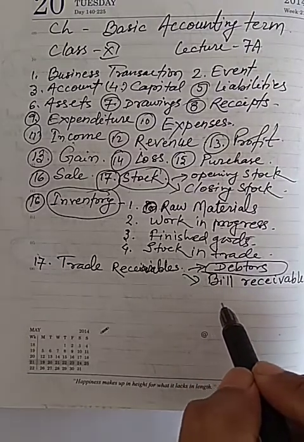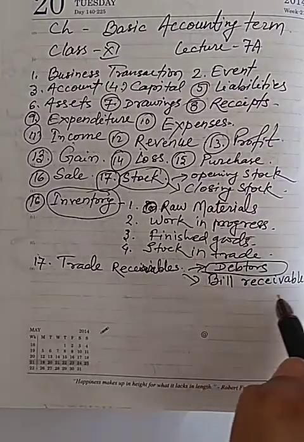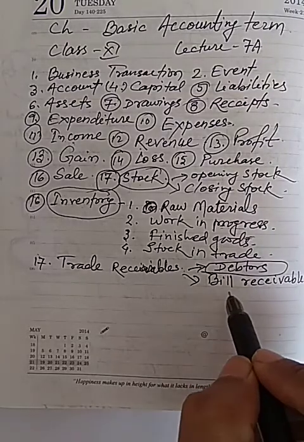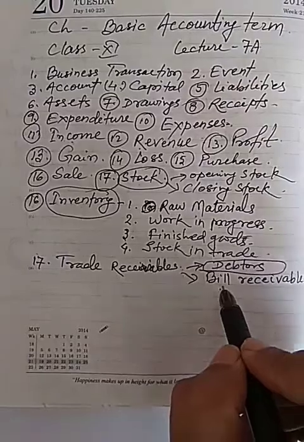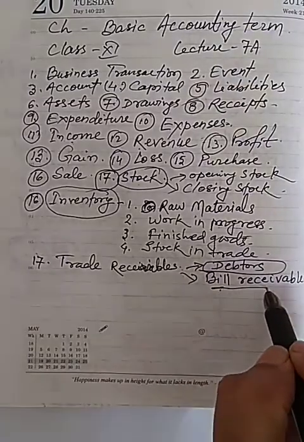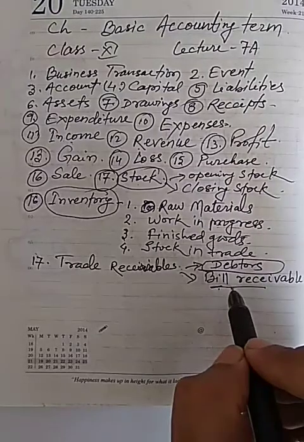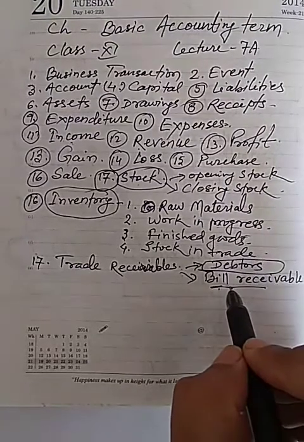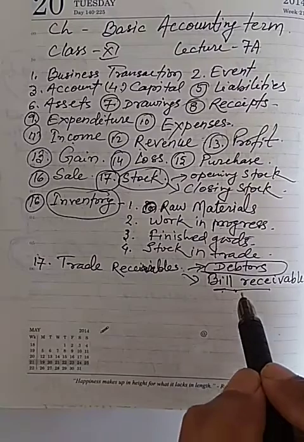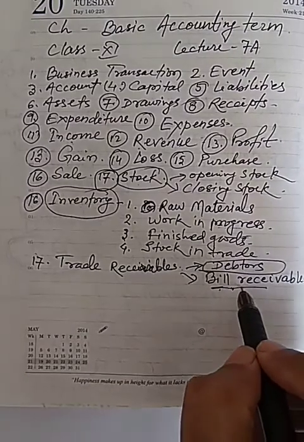A bill of exchange becomes bill receivable for the person who draws it and gets it back after its acceptance from the drawee.